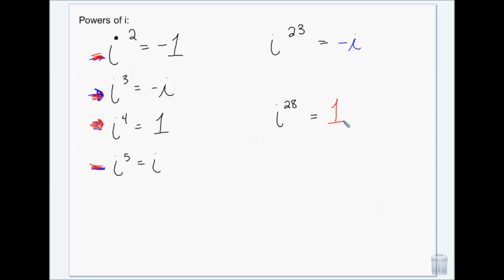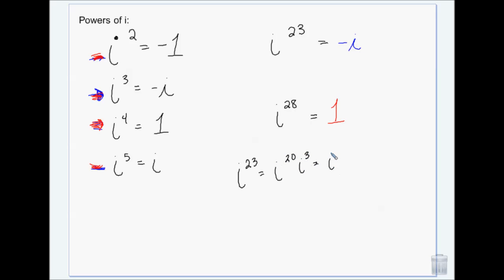If you don't want to do all that counting, the other way is, say I take i to the 23rd. This would be i to the 20th times i to the 3rd.